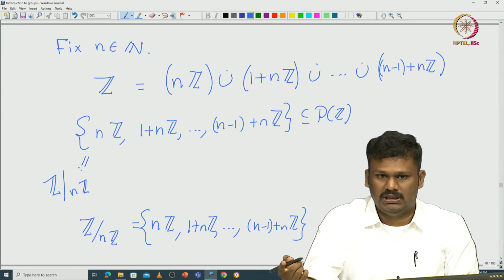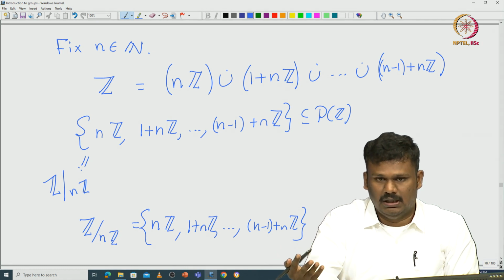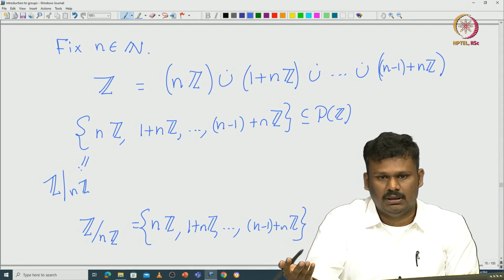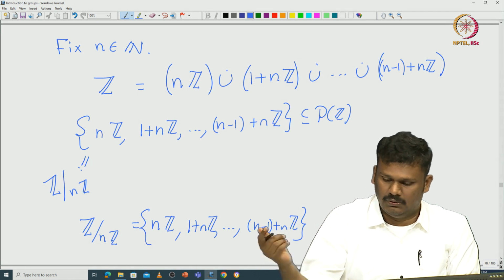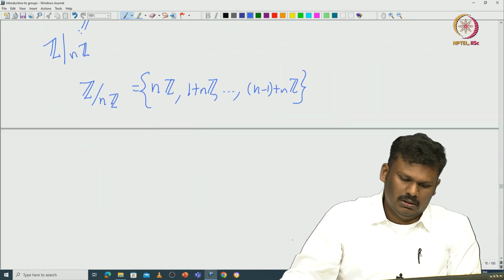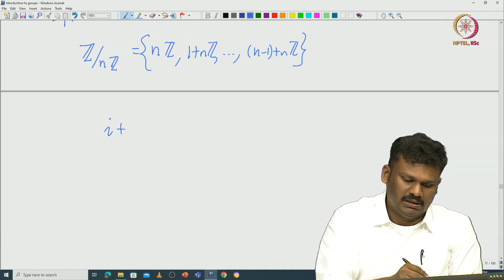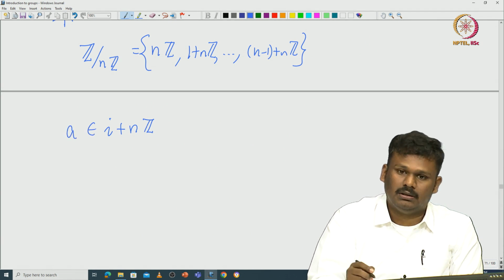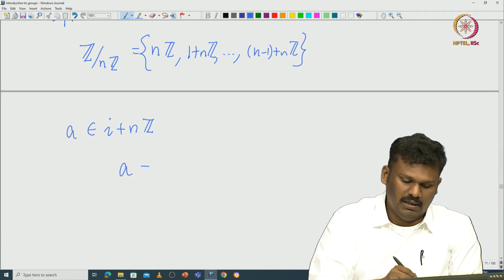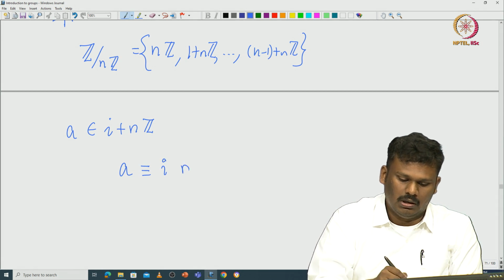They are not just elements coming from some set. Of course, they are elements inside the power set of Z, but each one of them is itself a set. That is most important. Now, if I take any a inside i plus nZ, you can see that this a must be congruent to i modulo n.